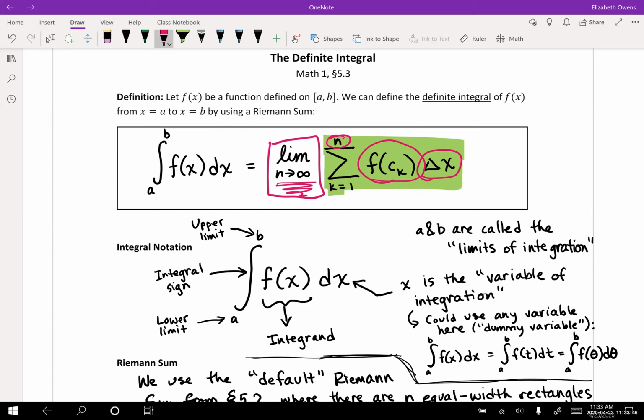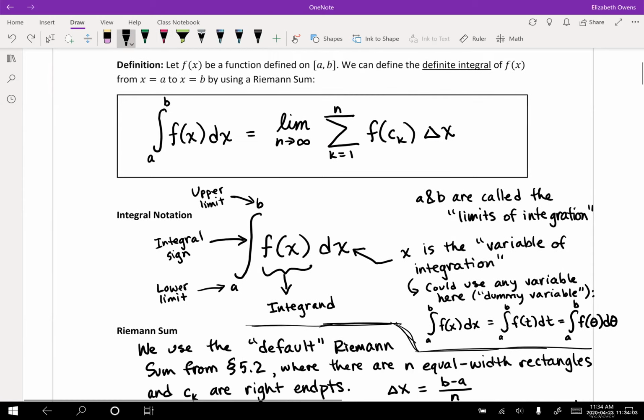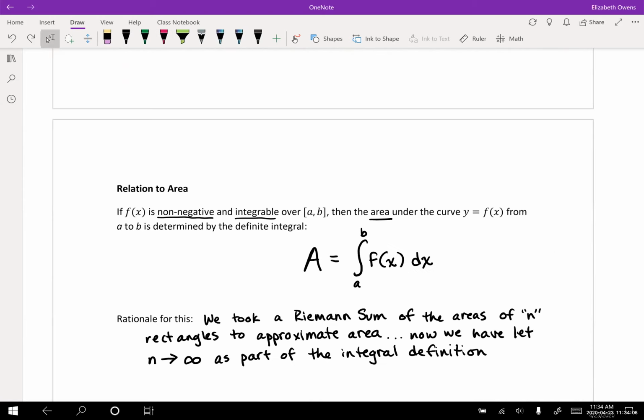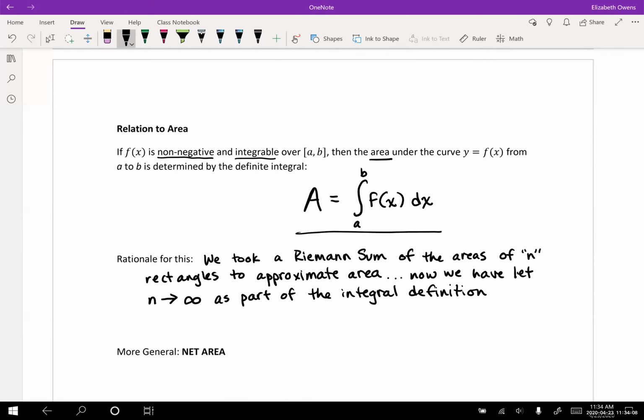So we're going to be the most accurate and actually come up with the real true area underneath the curve. So it's pretty cool, actually. We add up a bunch of rectangles and then we let the number of rectangles go to infinity. So that's why we're able to say this. This finds the actual area.